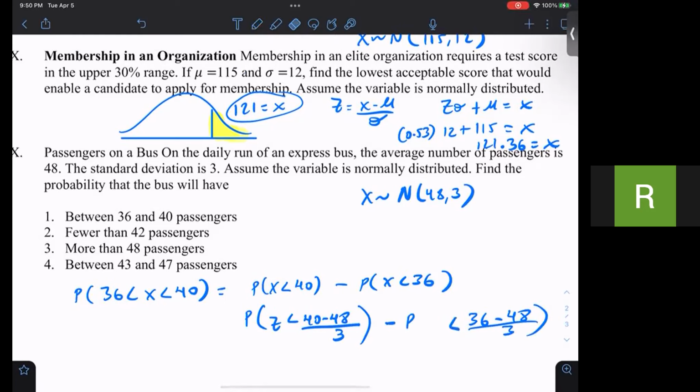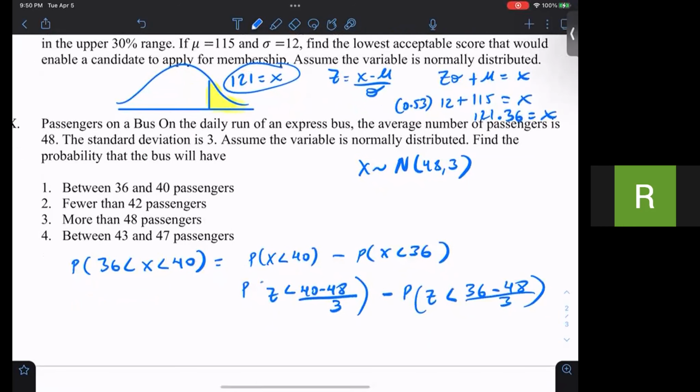You know how to do this. We did it in class many times. So Z less than negative 8 over 3, and here we have negative 12 over 3.